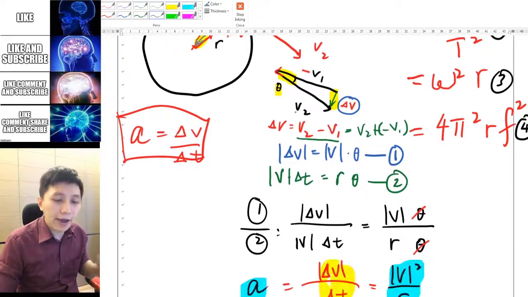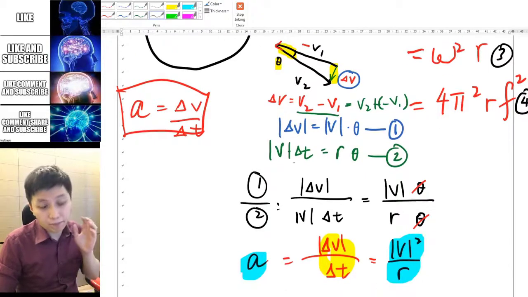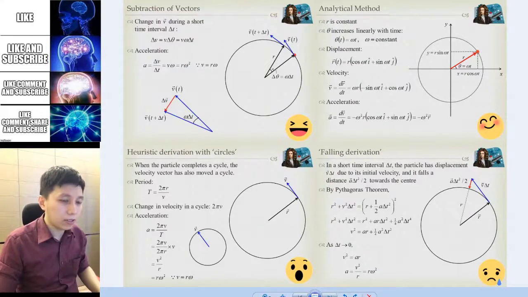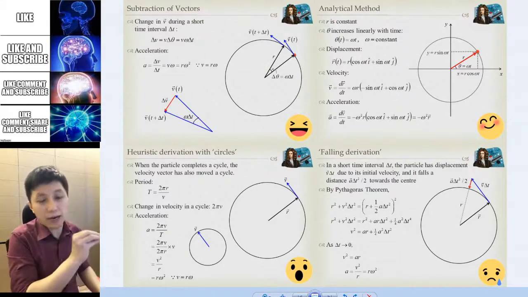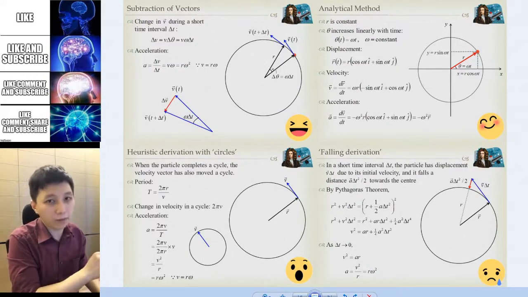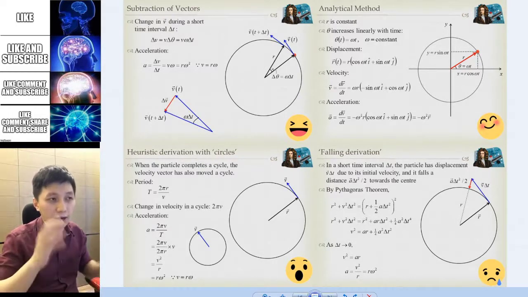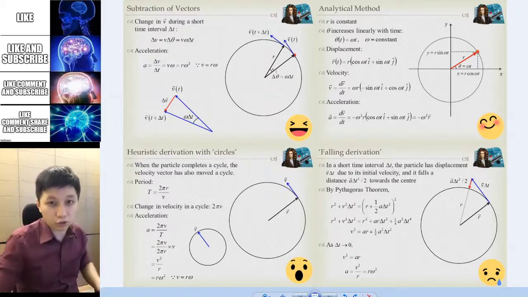As I said, there are more than one way of deriving this equation, and let me show you very quickly. This is a summary made by Dr. Tong, a professor from the CUHK Physics Department, and I'll put a link in the description below if you want to look at the original source.